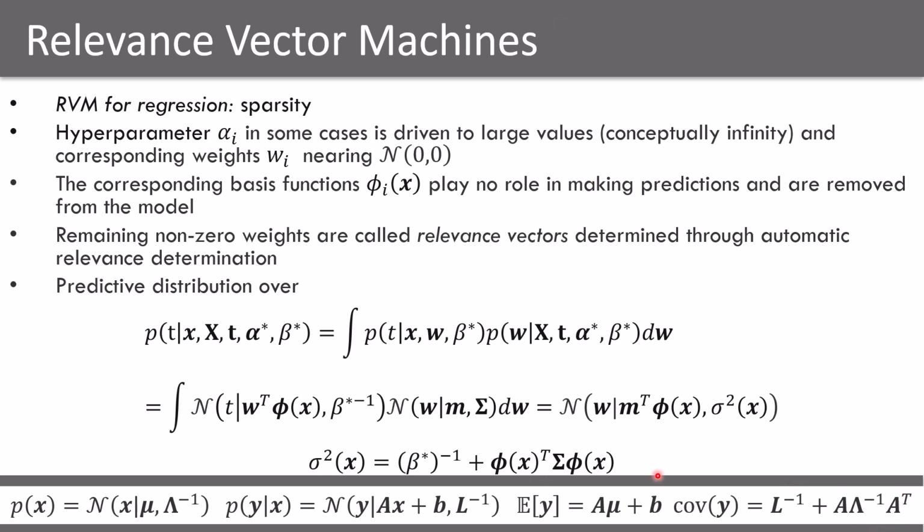So with this, we have calculated our predictive distribution, our sigma and also our mean, and we can predict what will be the t for the new input vector.